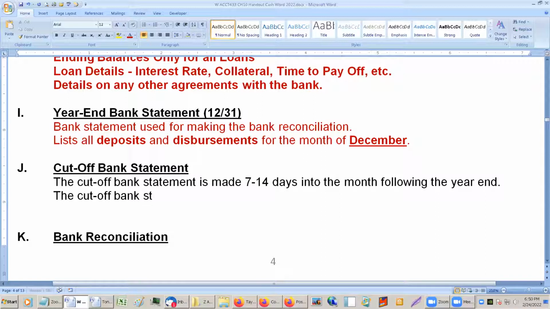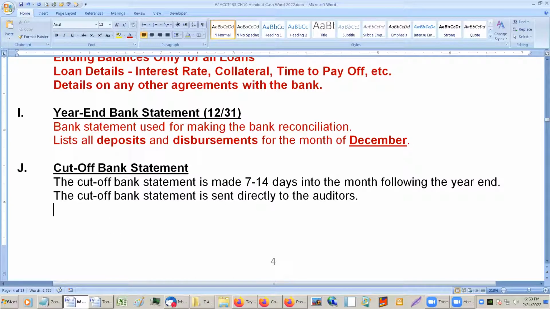The bank statement is sent directly to the auditors. Actually, the one up here is also sent directly to the auditors.